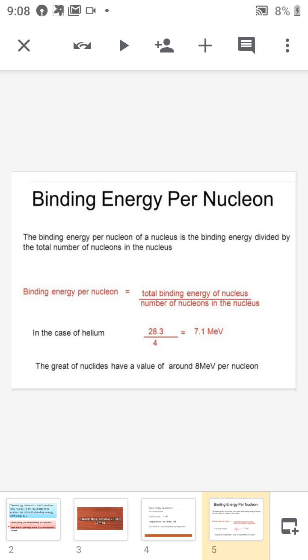So the binding energy per nucleon, in equation form, is the total binding energy of the nucleus divided by the number of nucleons in the nucleus. A nuclide having a greater value of binding energy, around 8 million electron volt per nucleon, is more stable.